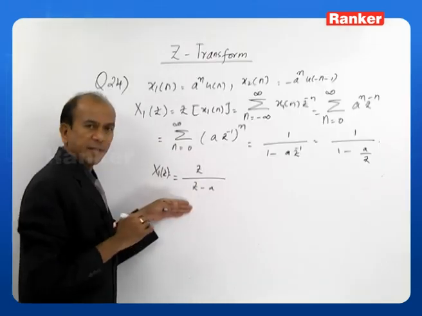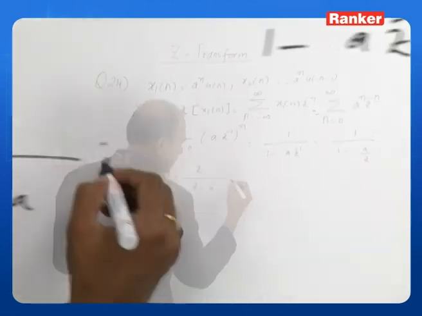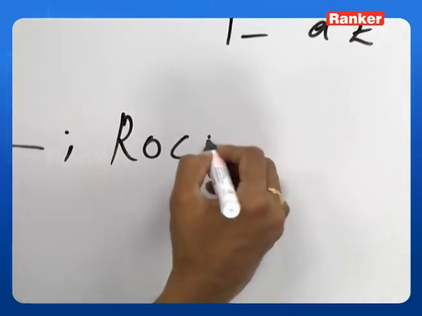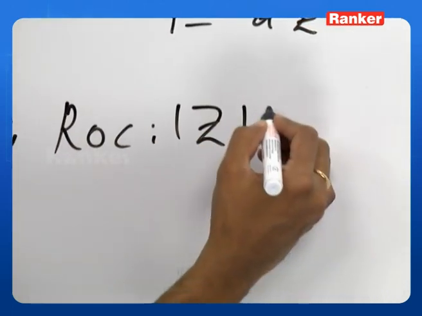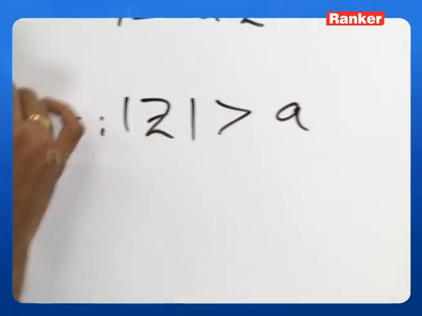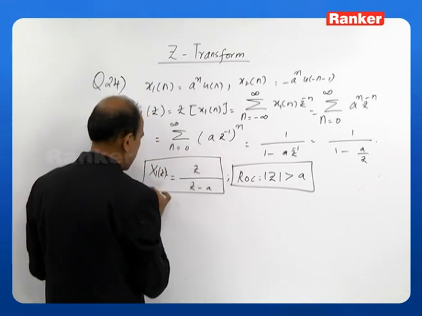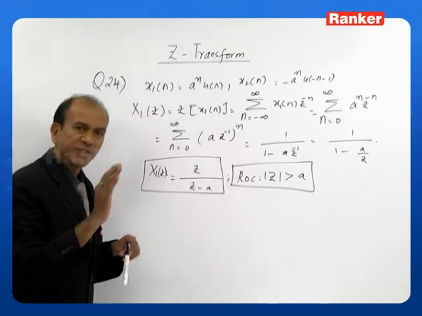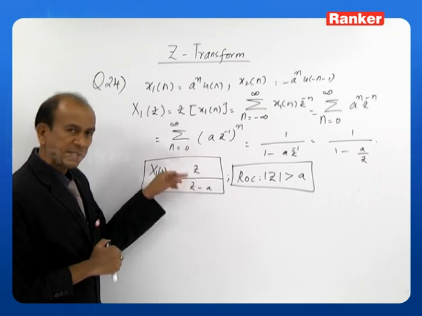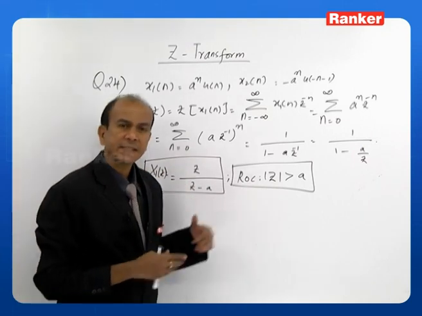Okay, how much is this? z by z minus a. So what is the ROC for this? The ROC for this is mod z greater than mod a. So this is our answer for the first part. x1 of z is z by z minus a, and the ROC is mod z greater than mod a.